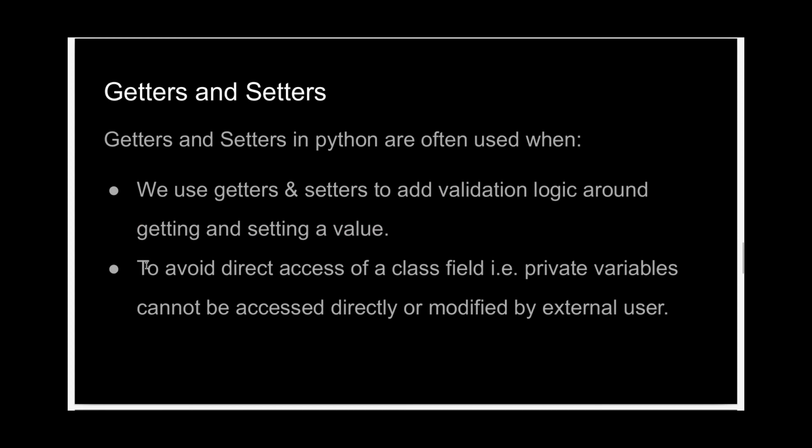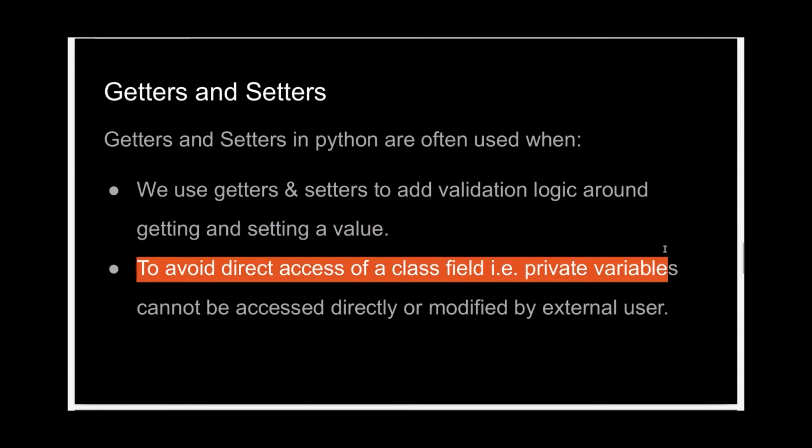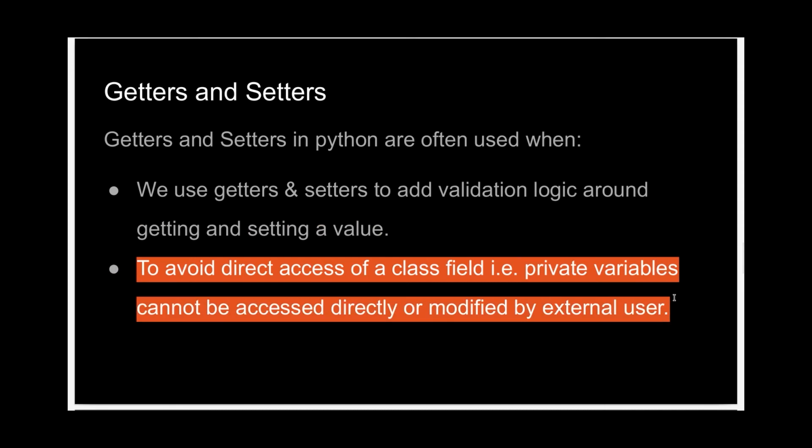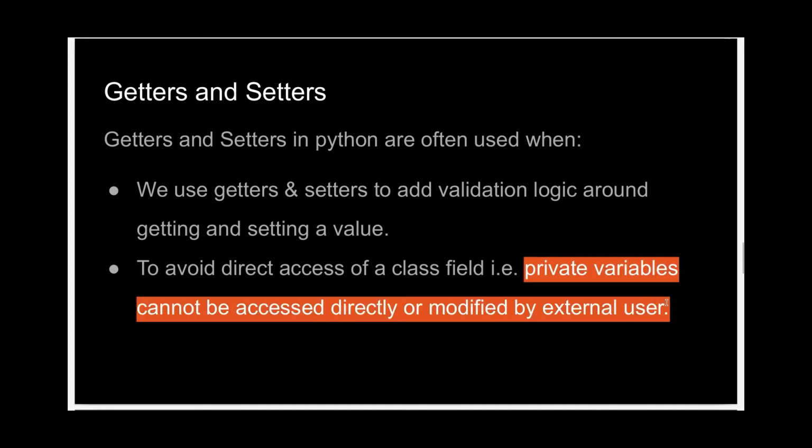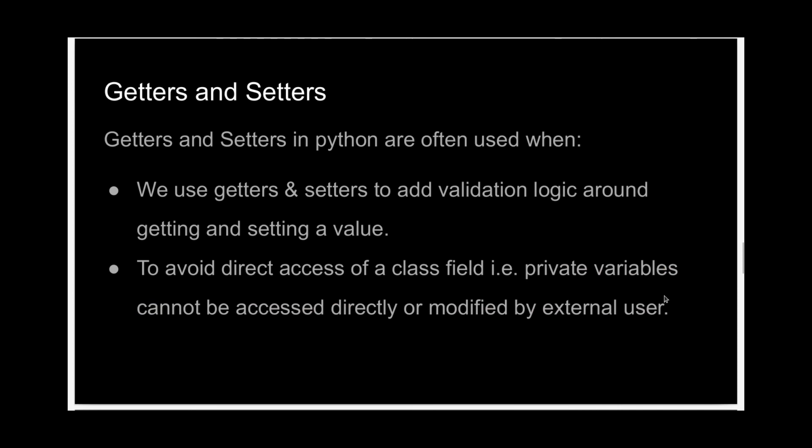To avoid direct access of a class field, that is a private variable, you can also use a getter. This is not as relevant in Python, but if you use other languages like Java, etc., the private and public will be very important to you.